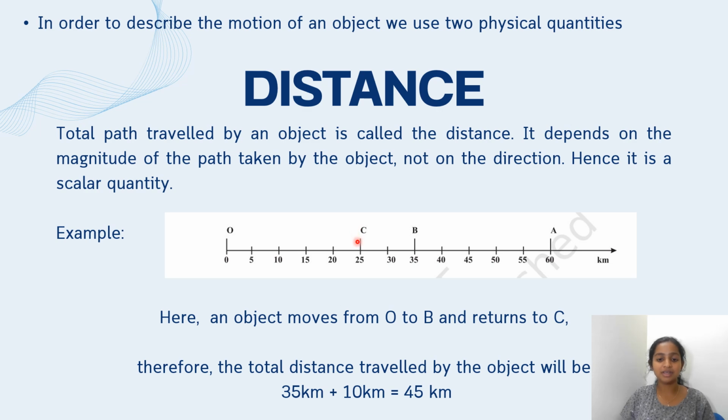That means first he traveled a distance of 35. Then from there, he comes back to 25. So we can say that he traveled from 0 to 35.